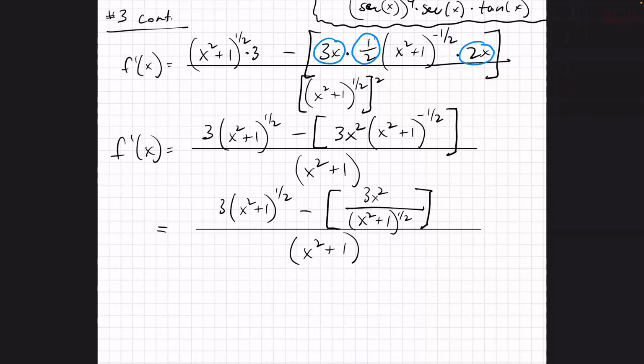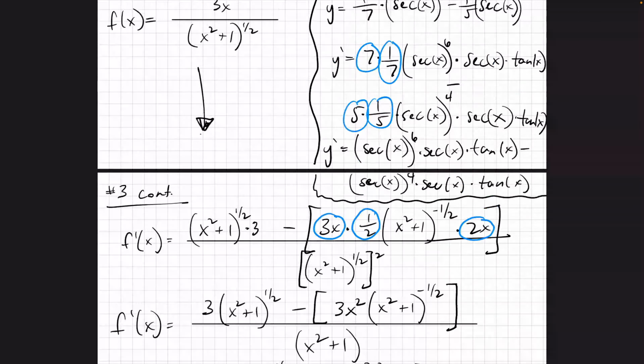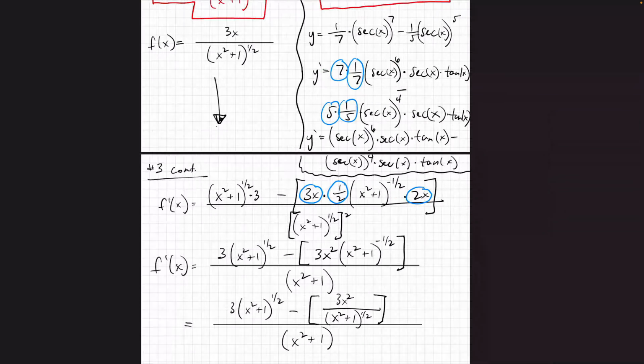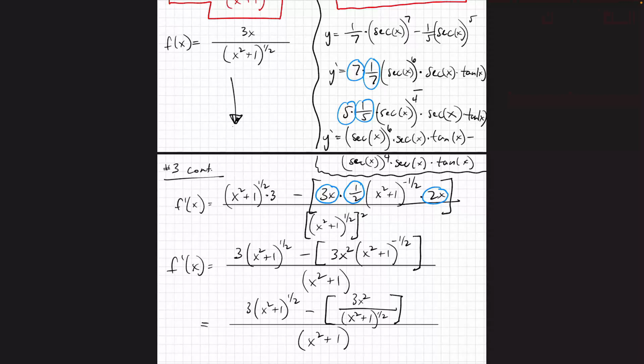So when I did this, this is what I got. Try to put it all in the same. So low times the derivative of the high minus the high times the derivative of the low. To do the derivative of the low, I had to do chain rule. Over the low squared.